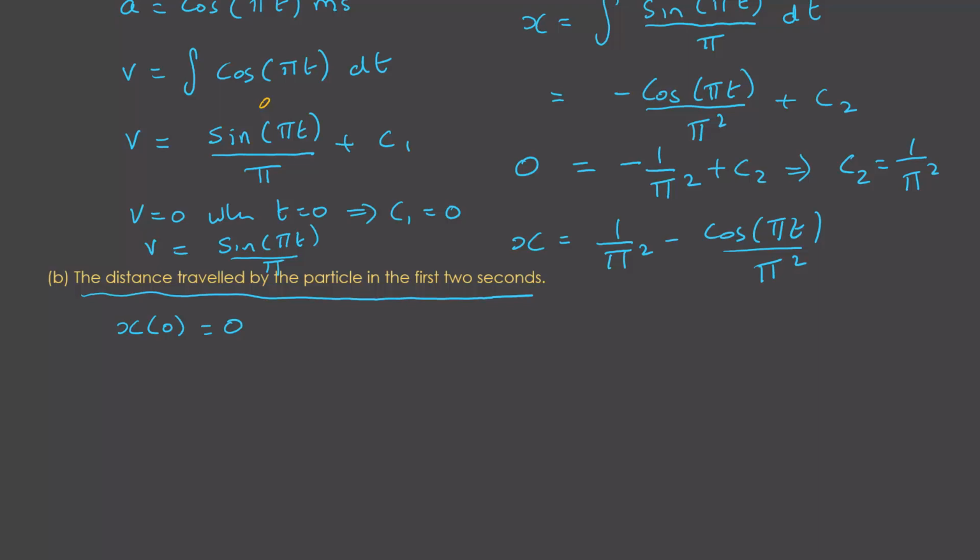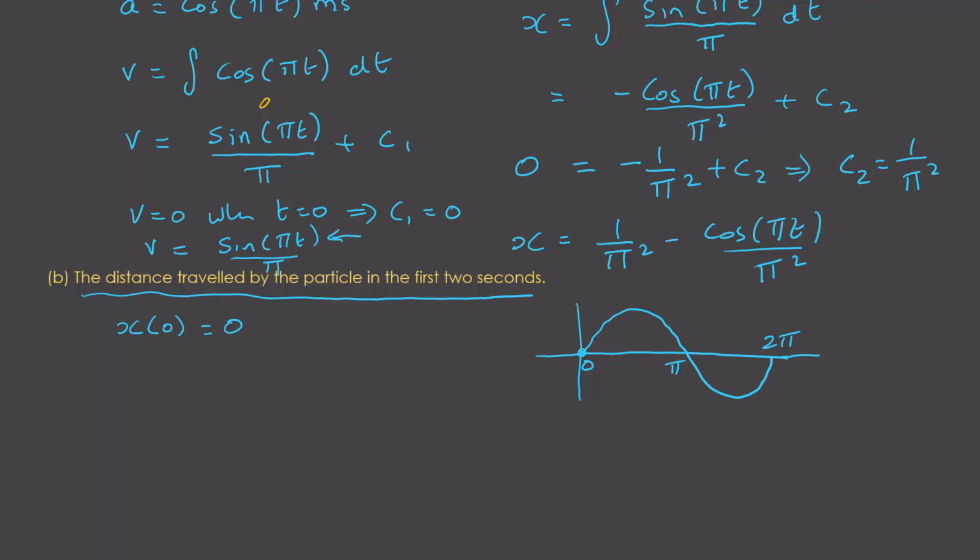And so when is the velocity 0? If we think about the sine graph, it's 0 at the beginning, and then it has various zeros as we go through. So the first one is at 0, then we have one at pi, then we have one at 2 pi.